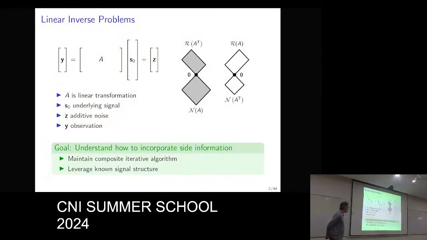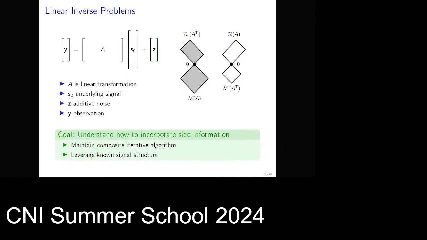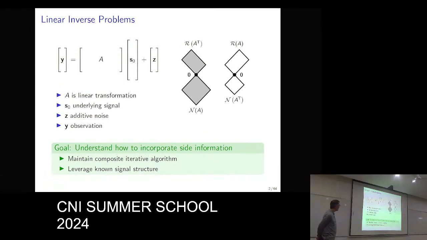So just to start from a familiar point, we're looking at linear inverse problems for now, and especially in the context of compressed sensing, but just broadly linear inverse problem, y is equal to a wide matrix A times a vector S0, and it's embedded in noise.